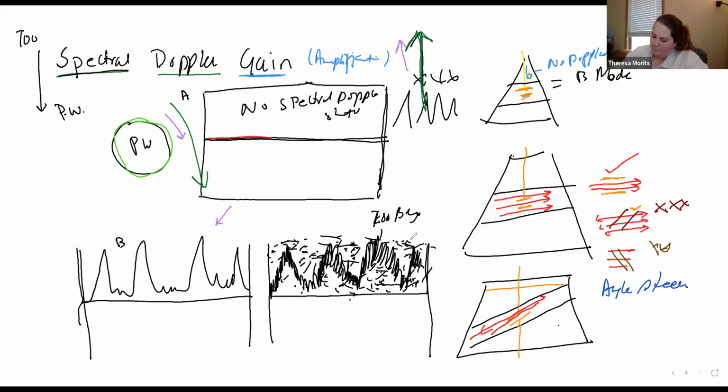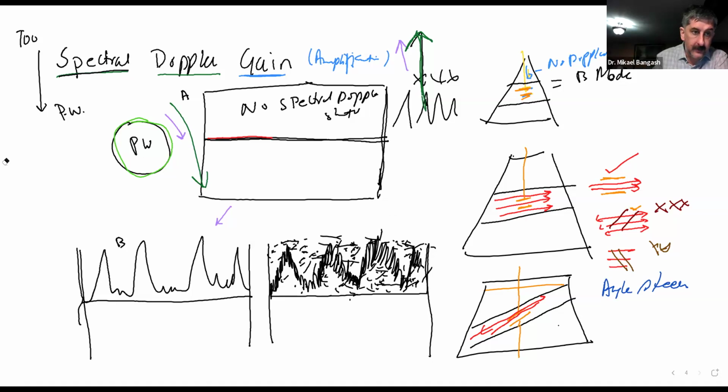Yeah. Right. Now, guys, we can mainly say that this fellow here is the result of too much Doppler gain, or we can say too much spectral Doppler gain. So what do we have here?